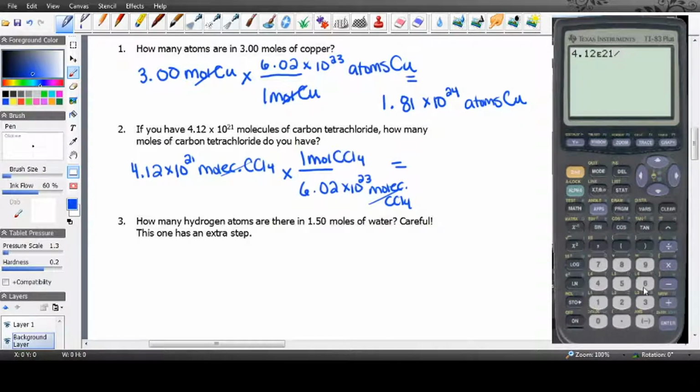So divided by 6.02 EE 23. 0.00684 moles. 0.00684 moles of carbon tetrachloride.